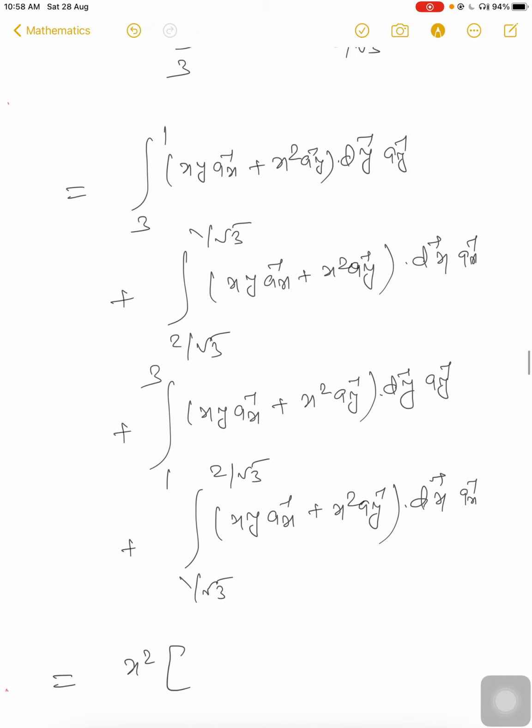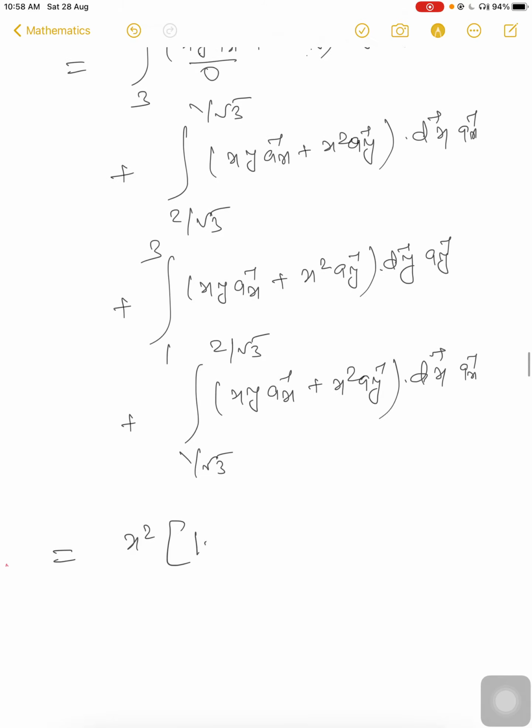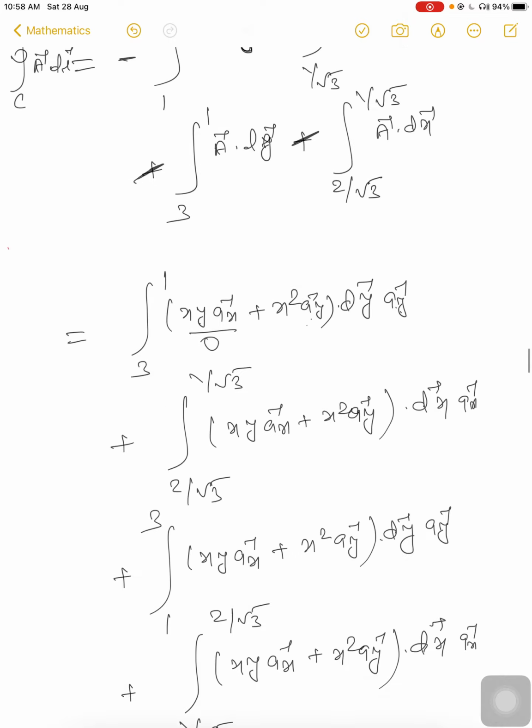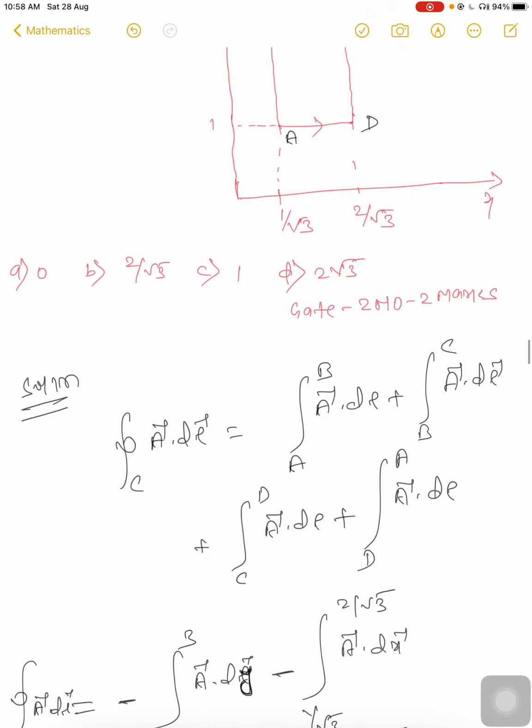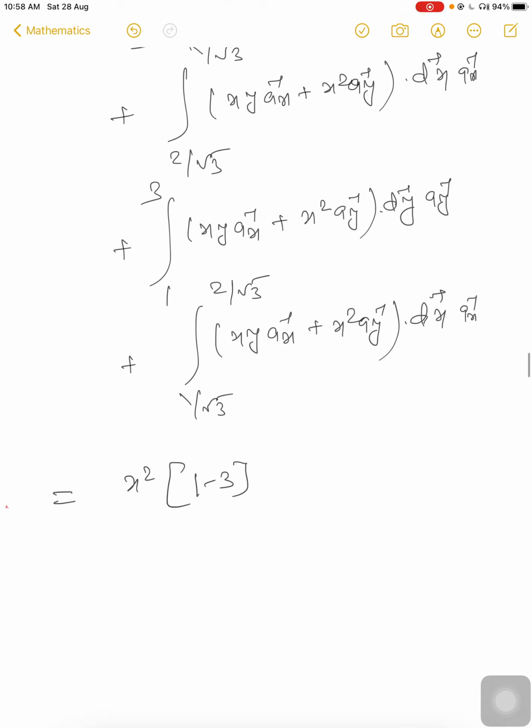So x square, and the limit for this one after multiplication will be 0 and here the unit 1. You get x square, and dy integration from 1 to 3, and x square at x equal to 1 by root 3.